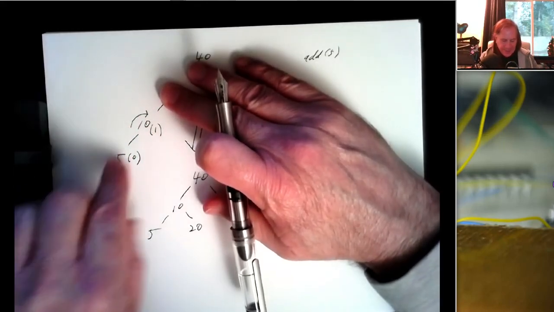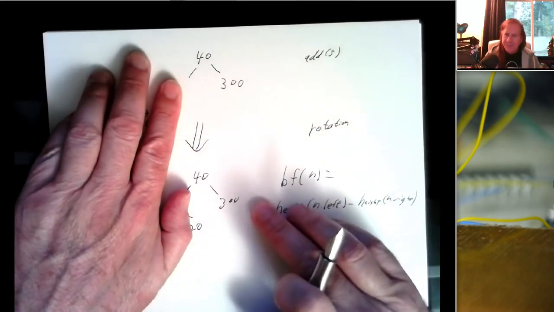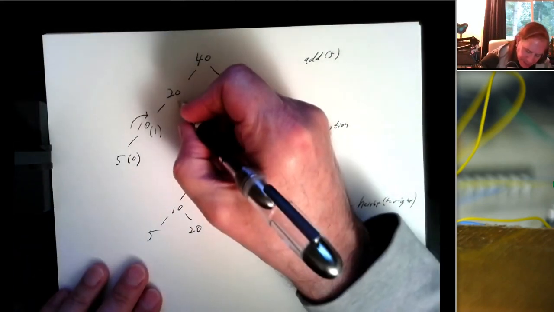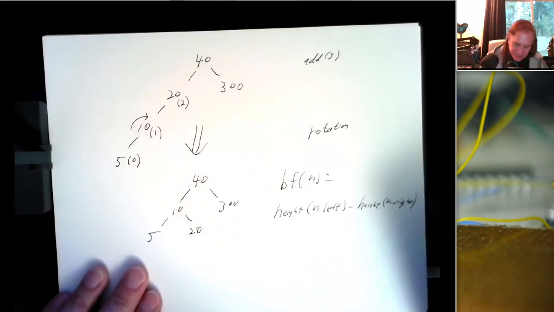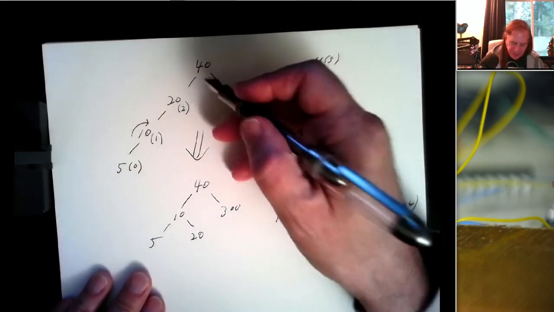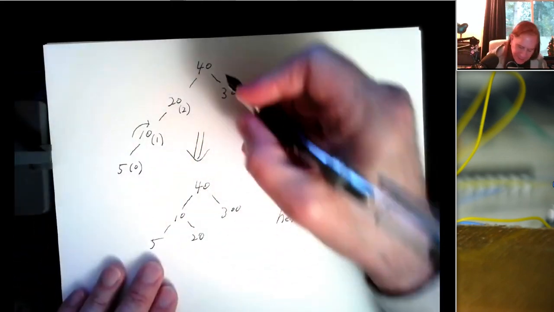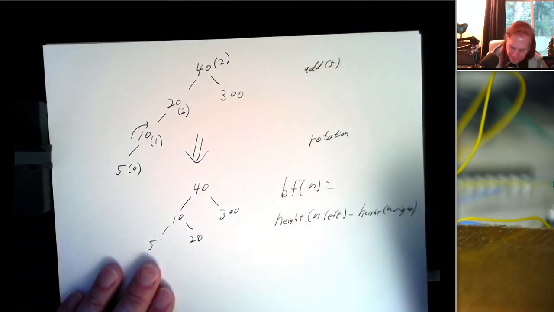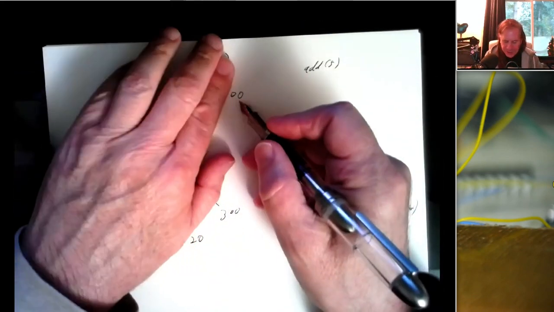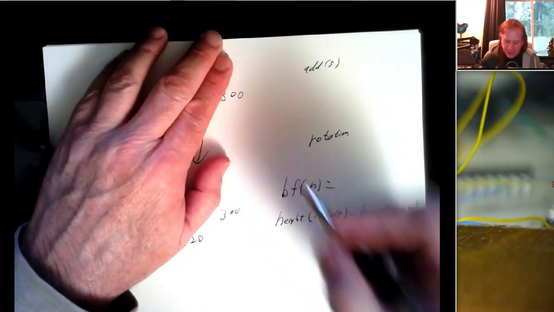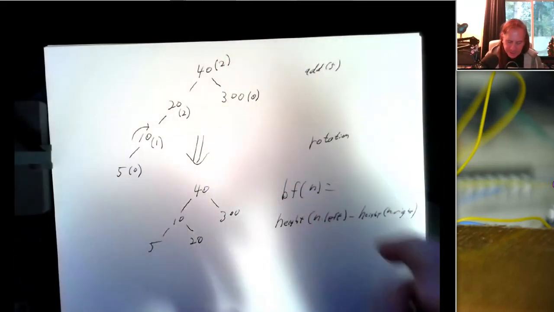That has a height of 1. Right subtree is null. That's minus 1. 1 minus minus 1, this has a balance factor of 2. The 40, left subtree has a height of 2, right subtree has a height of 0, so this has a balance factor of 2. And the 300, left and right children are both null. This has a balance factor of 0.